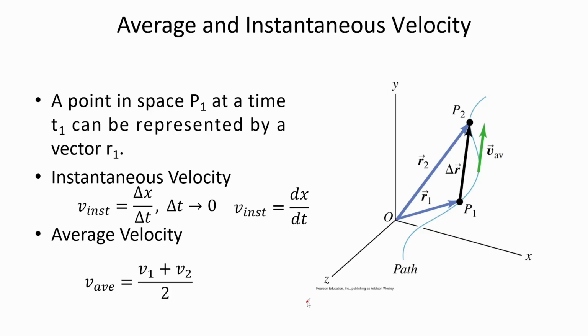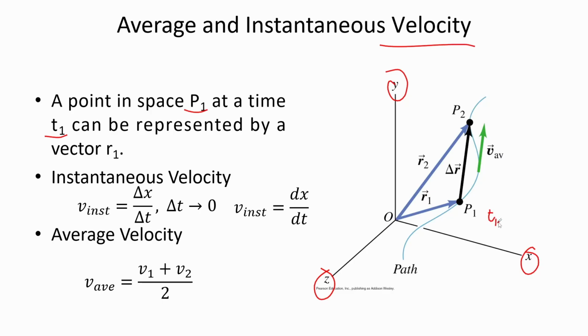Okay, now let's look at another physical quantity, the average and instantaneous velocity. So what are they? In the figure, you have a three-dimensional axis. You have x, y, and z. At point 1, this is some point in space at a time t1. Time t1.